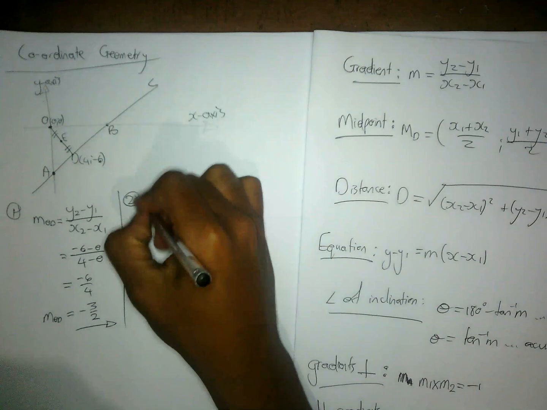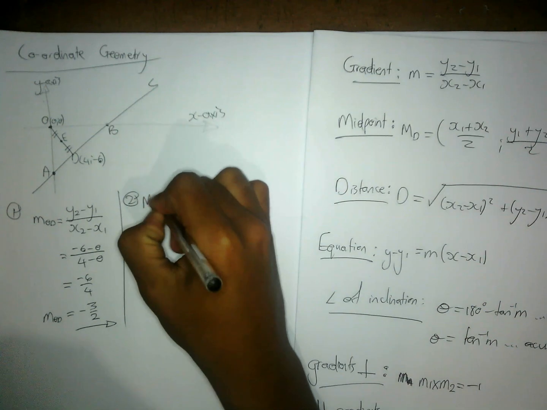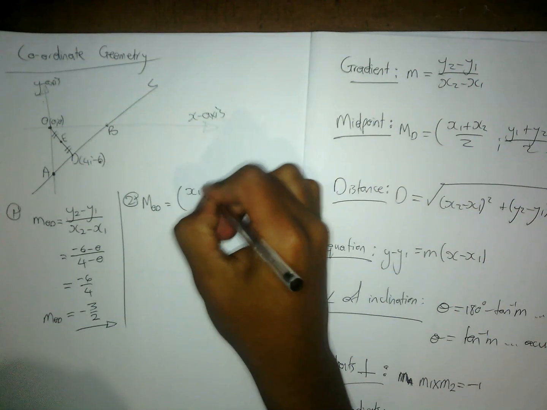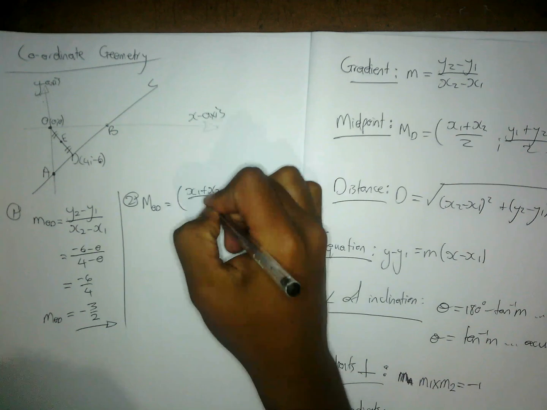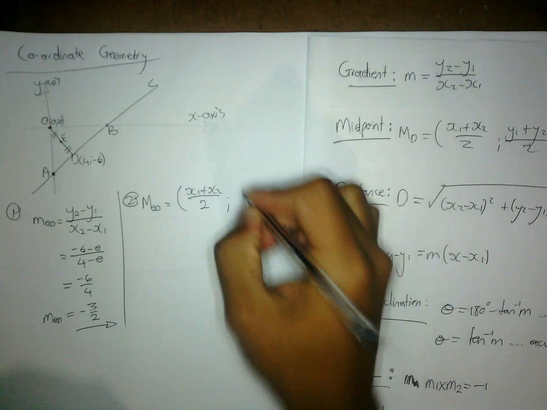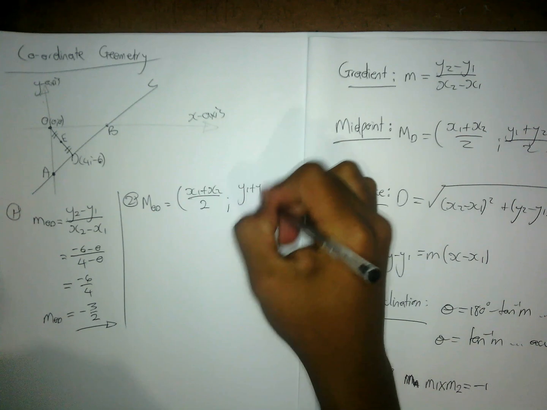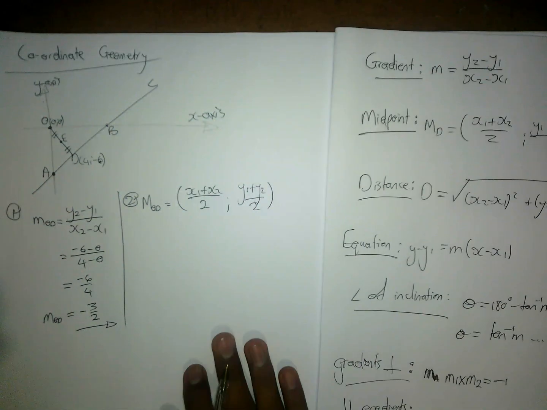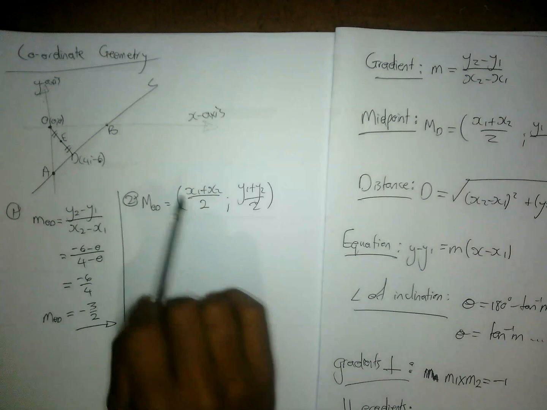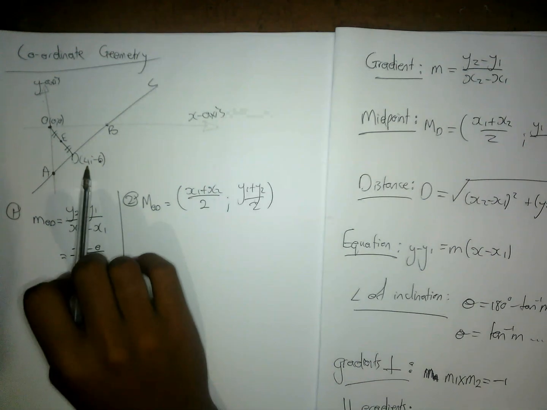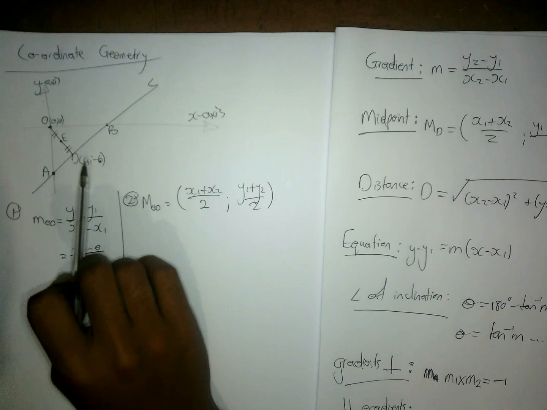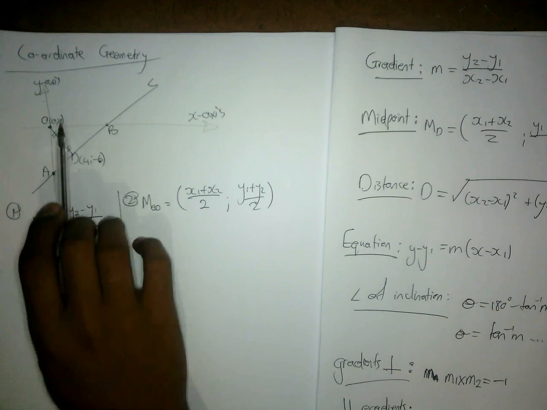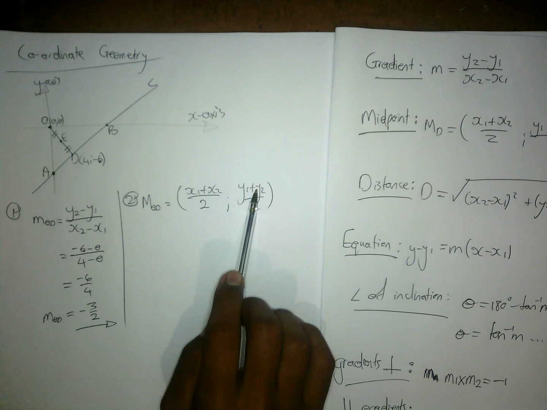So midpoint of line OD equals x1 plus x2 over 2, and for the y coordinate y1 plus y2 over 2. So all we're going to do now is substitute the x value of D and the x value of O, and the same with the y value of D and the y value of O. We put it in over there.